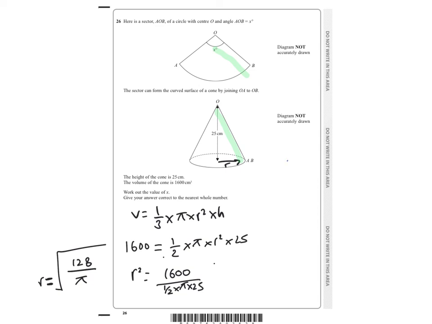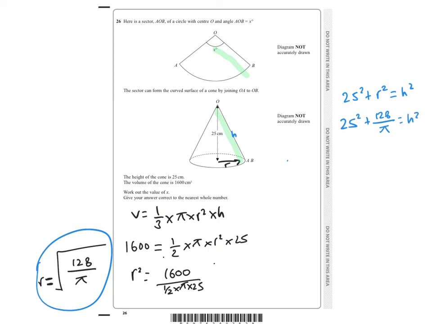So I know 25 squared plus r squared equals, let's just call it h squared. So 25 squared plus, now r squared is just 128 over pi, equals h squared.